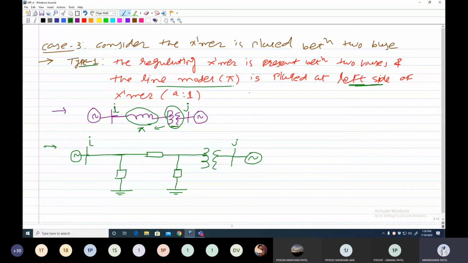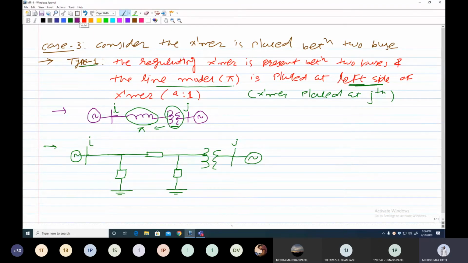Or we can say the transformer is placed at the jth bus. Clear?